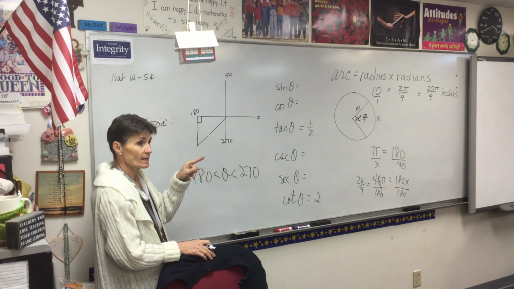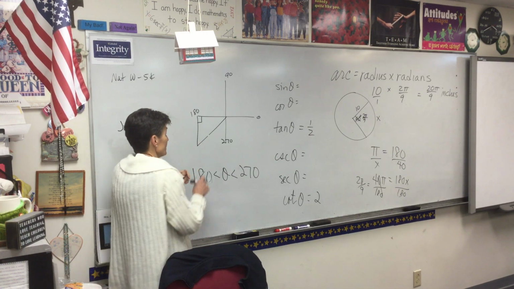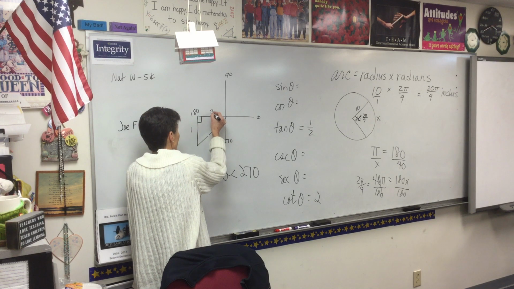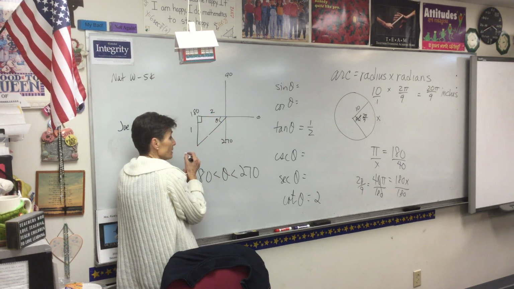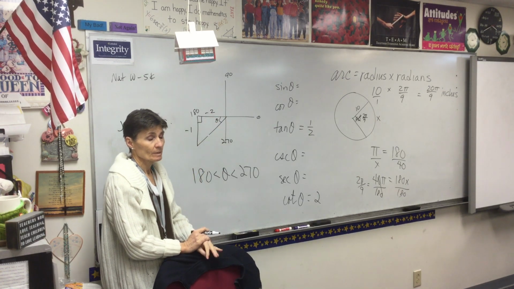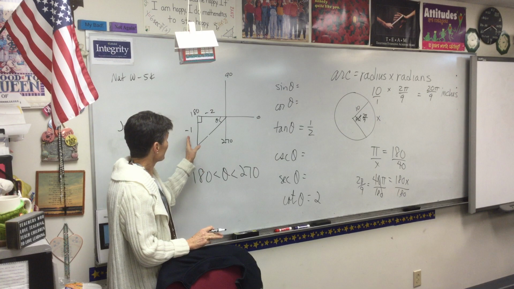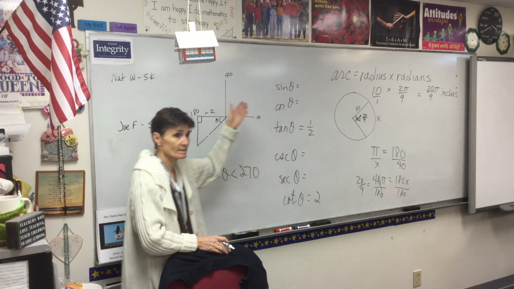Now this is what's going to get you if you're not super alert. The tangent is 1/2. Here's your angle. Opposite over adjacent, but they're both negative, which doesn't matter with the tangent because they cancel out, but it's going to matter for all the rest of these.